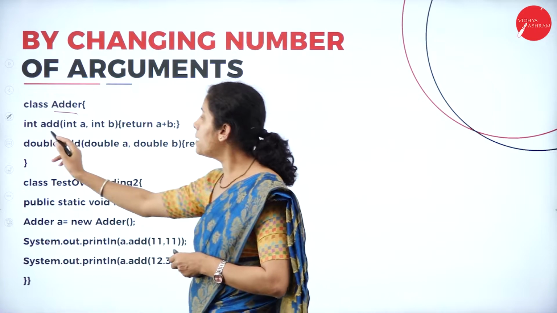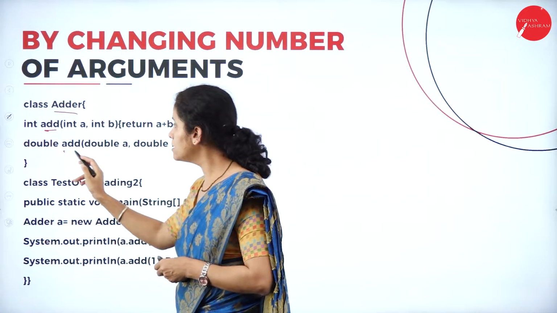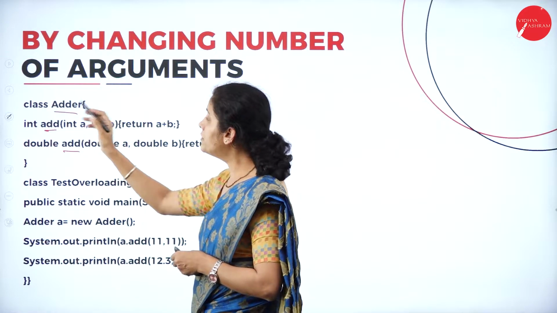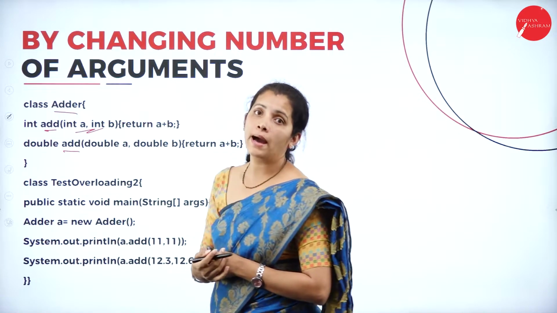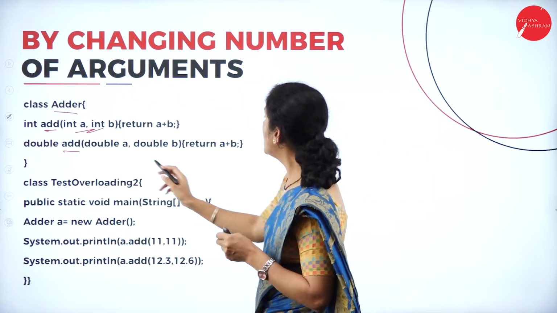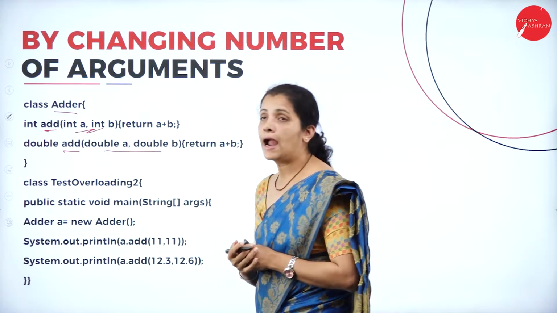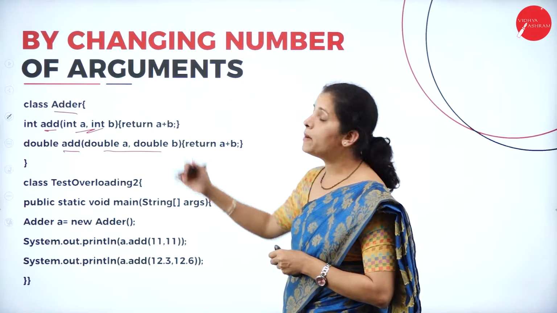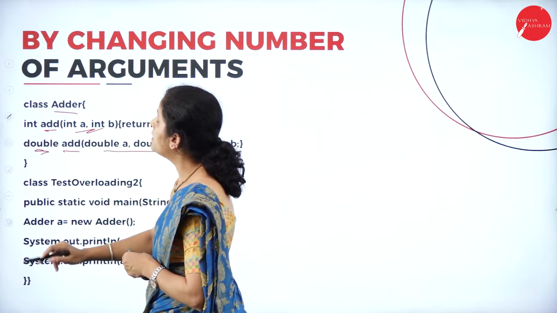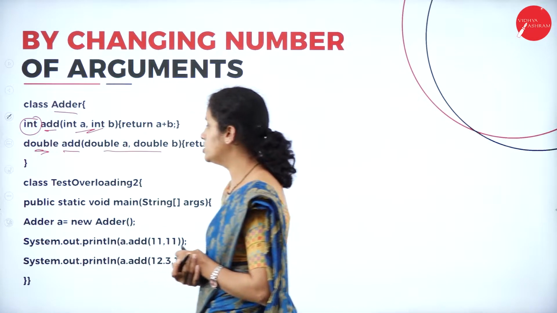Here I'm having an add function, and here also I'm going to have an add function. But if I consider the first add function, what are the parameters? That is integer, 2 parameters. And if I consider the next add function, what type of parameter? It is double. And what is the return type? It is double. Here it is integer.